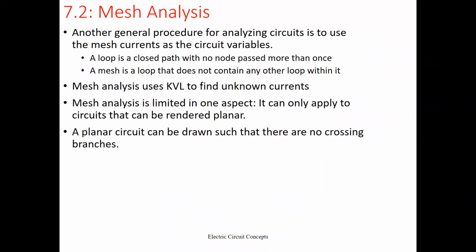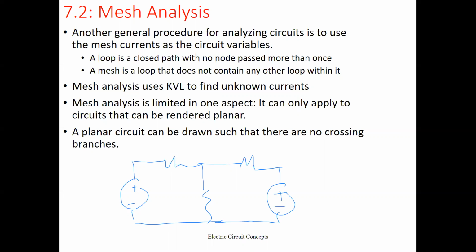Okay, mesh analysis. Now, let's give the definition of a mesh and what is the difference between a loop and a mesh. Let's say we have a voltage source, a resistance here, another resistor here, and another voltage source here. Now, how many loops and how many meshes are there?